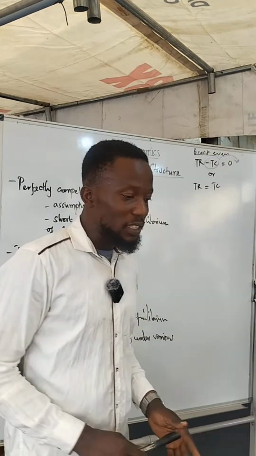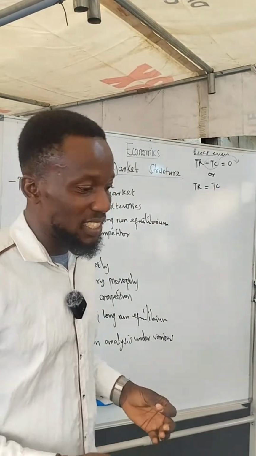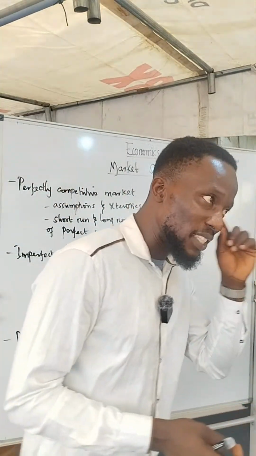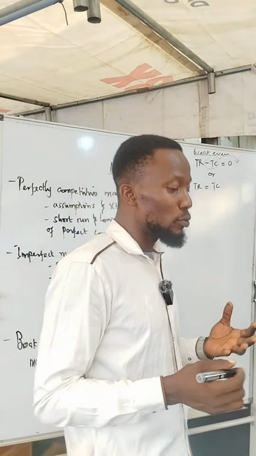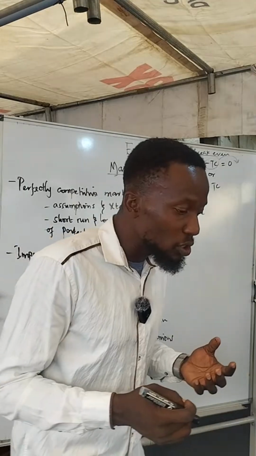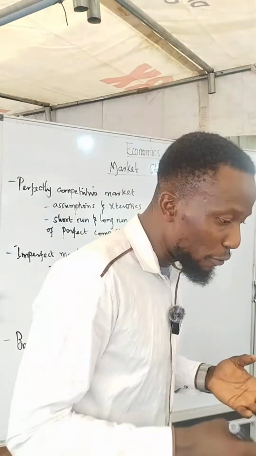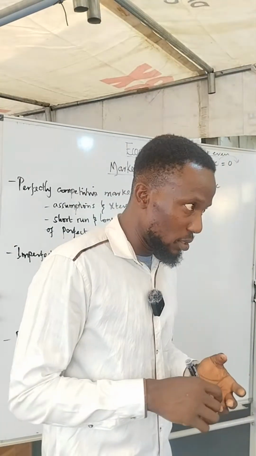Now, they expect that you should be able to analyze the assumptions. Please listen, it is not just to know the assumptions. They expect that you should be able to analyze the assumptions and characteristics of a perfectly competitive market.